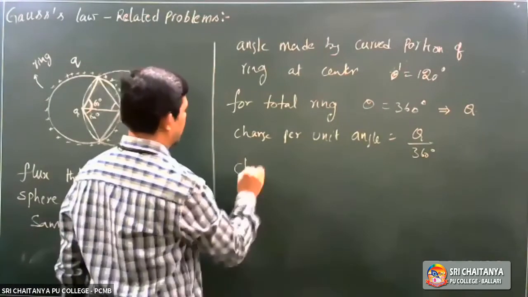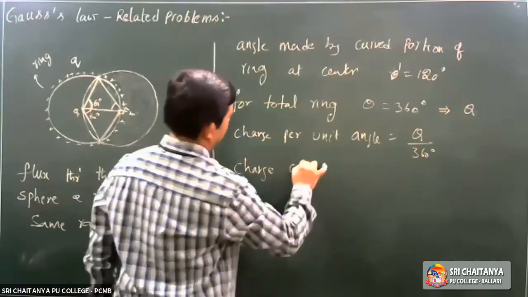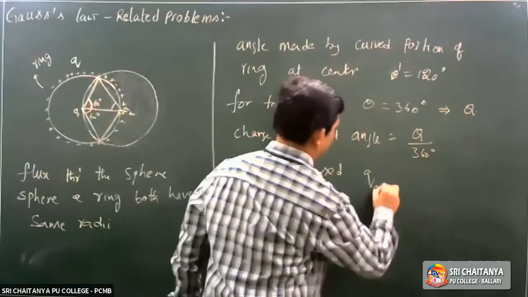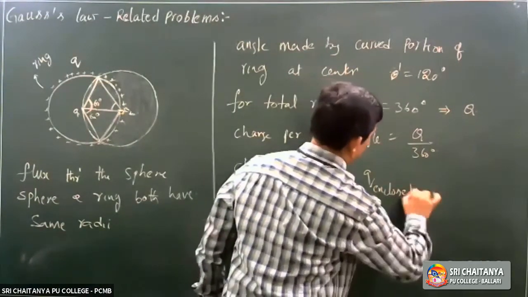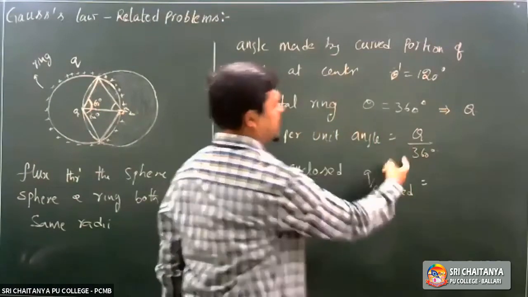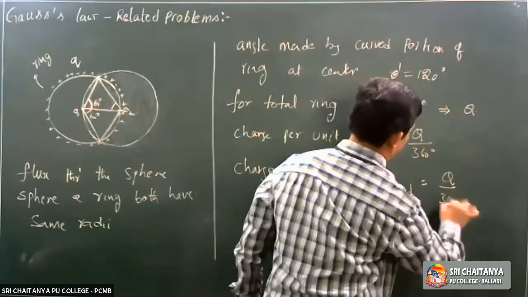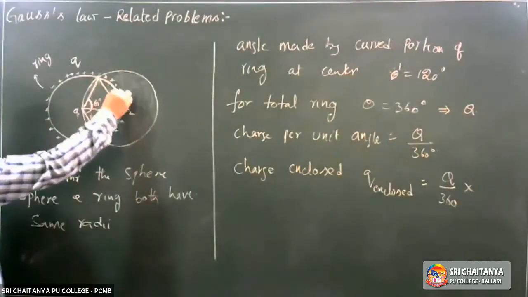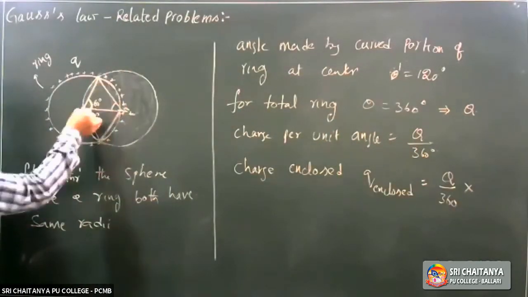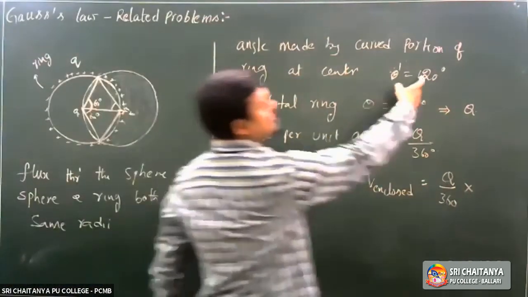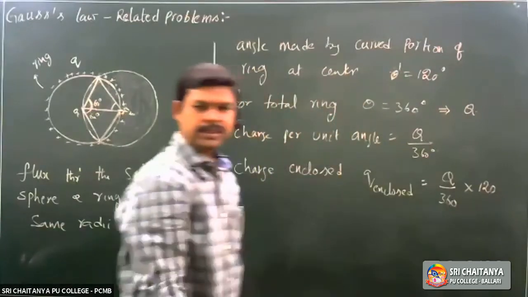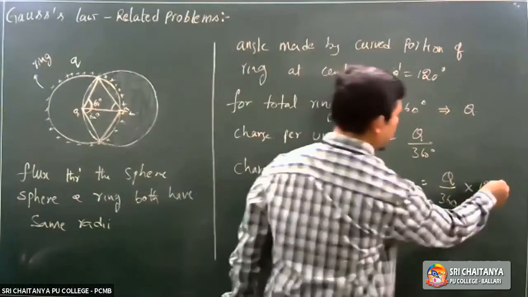What is the curved path inside the sphere? So charge enclosed is charge per unit angle into the angular portion, this curve enclosed. How much is it? 120. Right? So how much did you get?